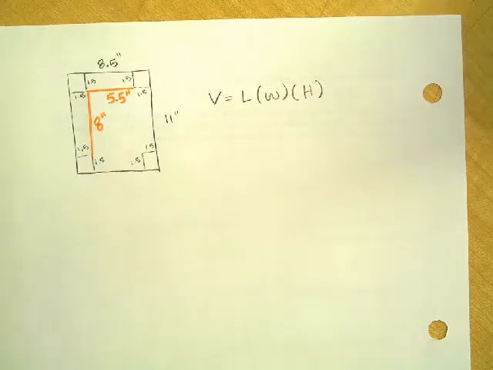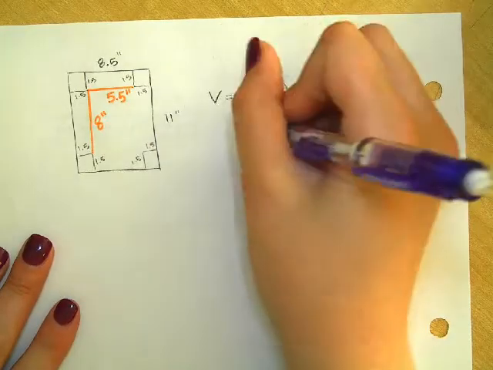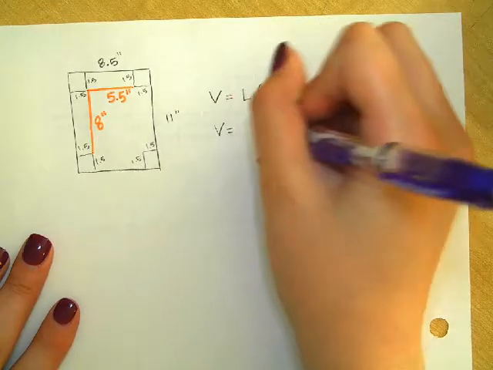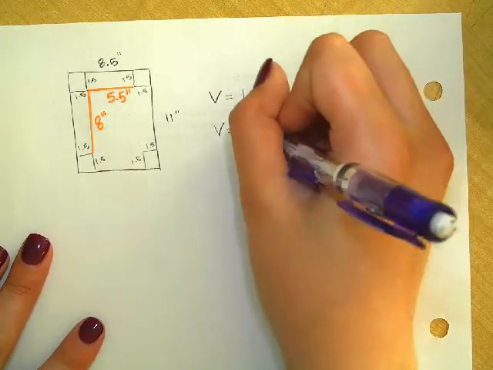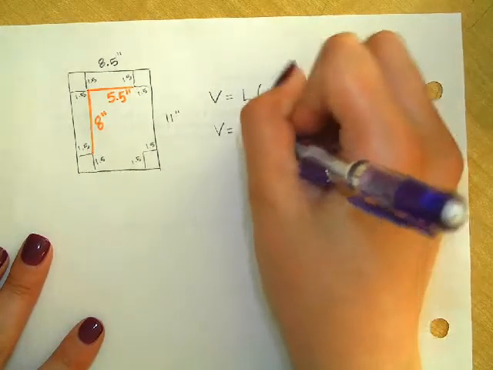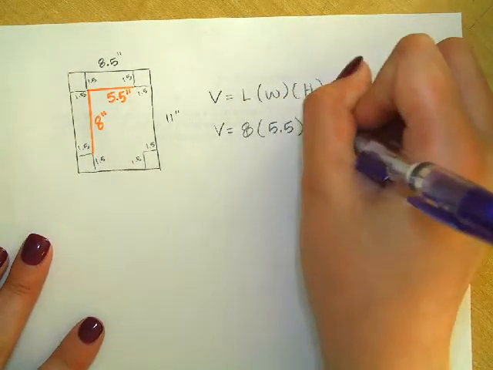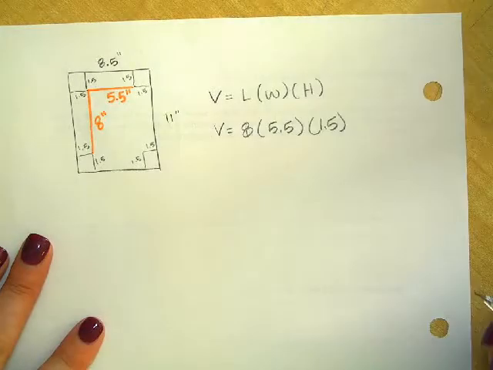Can you tell what the height would be? 1.5, because we cut out that corner and then fold up those sides. I'm setting you up so you can understand. So the length is 8, the width is 5.5, the height is 1.5.